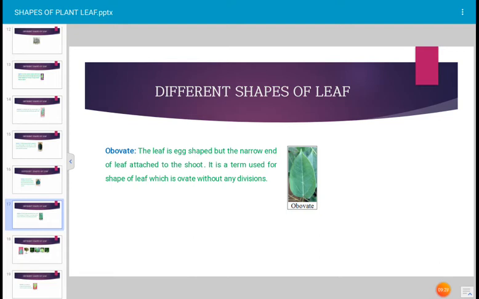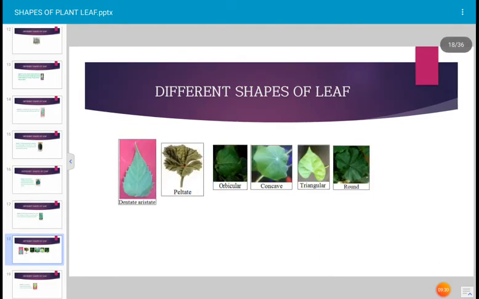Okay, next, these are again different shapes of leaf. First photograph, it is dentate aristate. Base is broad, margin is dentate, apical region is gradually pointed. Such a shape is described as dentate aristate shape. Second photograph, that is peltate. It is a spherical shaped leaf.